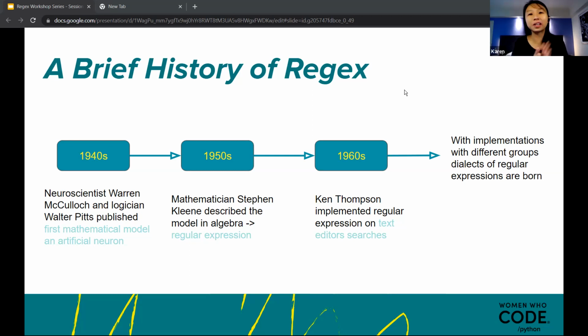So when regular expression on text was discovered, everyone was very, very excited. Everyone just grabbed the model and experimented in different ways. Everybody was doing their own thing.